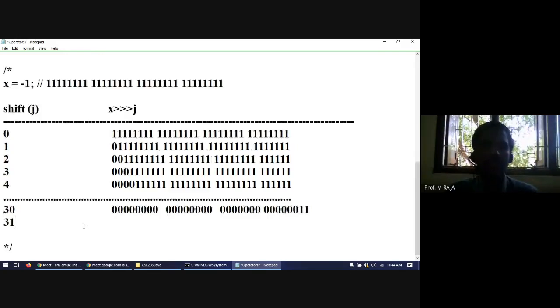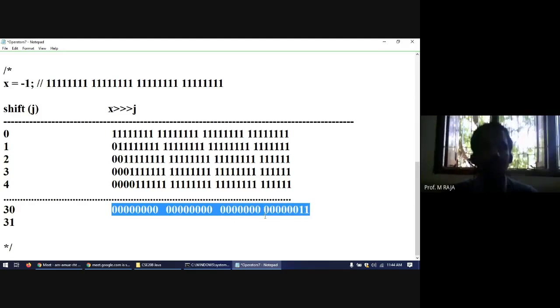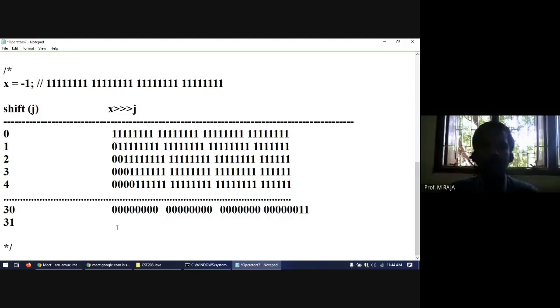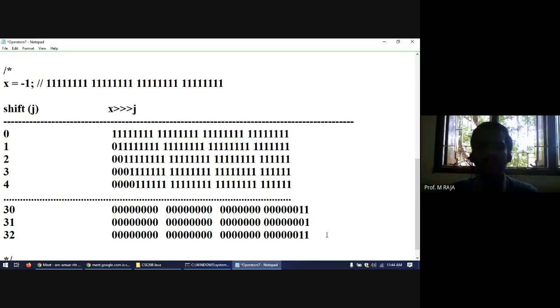Then 31st operation. 31st means 31 zeros will be here. Then 32nd unsigned right shift operation, all 32 bits are set to zeros.